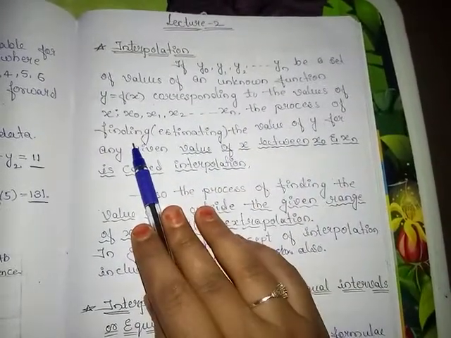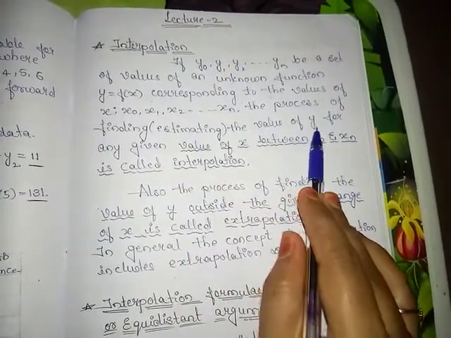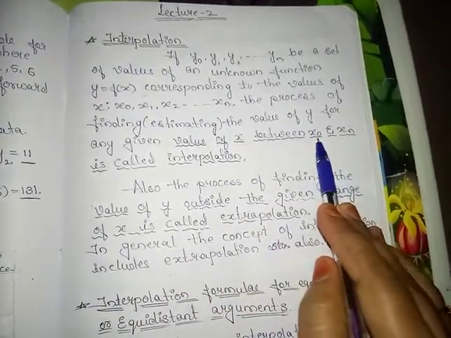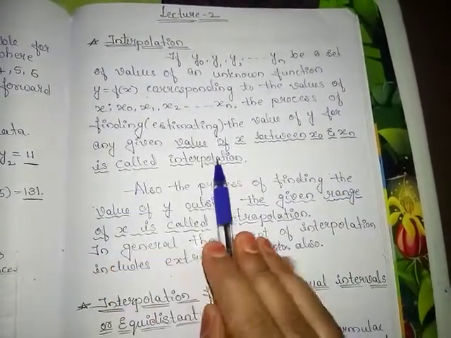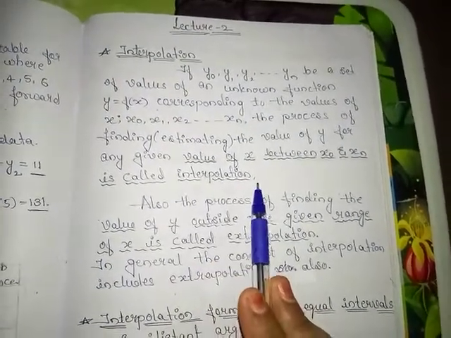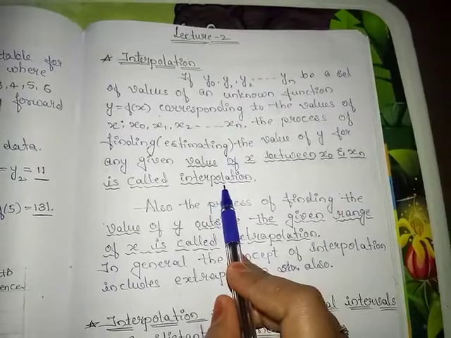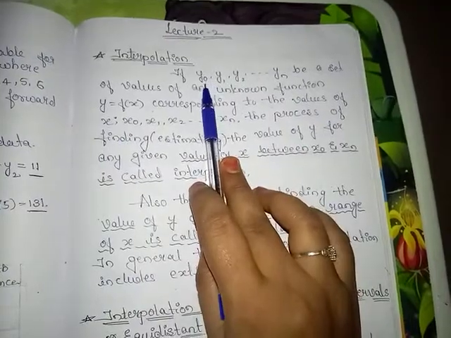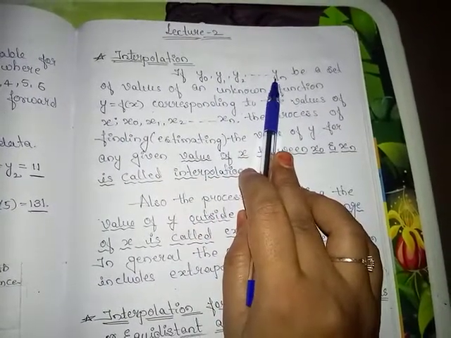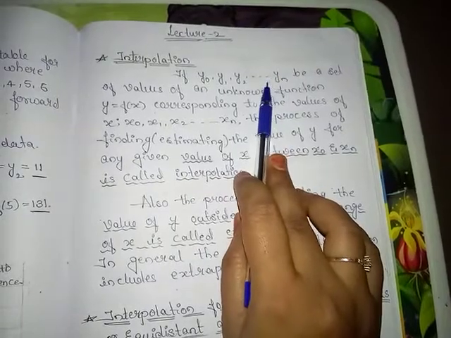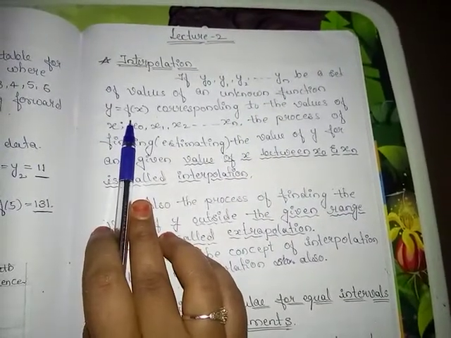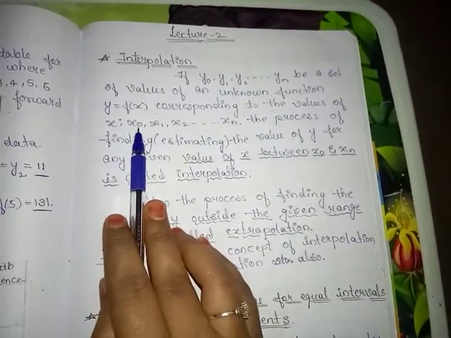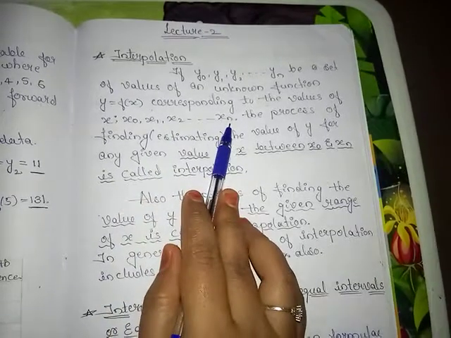The process of finding or estimating the value of y for a given value of x between x0 and xn is called interpolation. What is meant by interpolation here? We have one function, y is equal to f of x, and these are the values of this function corresponding to the values of x, which are x0, x1, x2 and so on to xn.